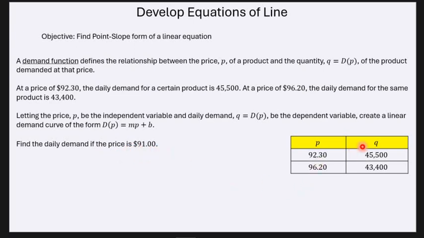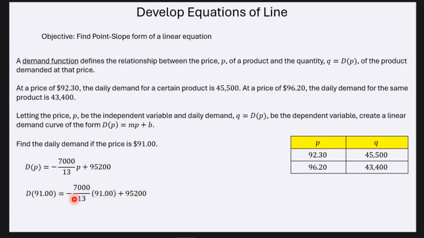So I saw what the daily demand was at $92.30 and at $96.20. Now I want to see what the daily demand will be at $91. So I'm going to just plug P into Q(P). Here's Q(P). And the P I'm going to use, the price is $91. So I plug that $91 in here, and I get negative 7,000 over 13 times 91 plus 95,200.